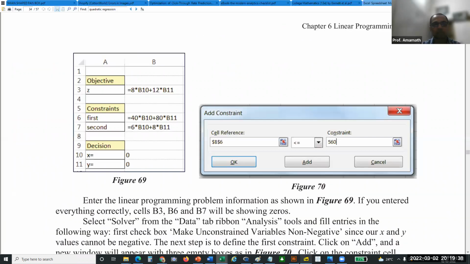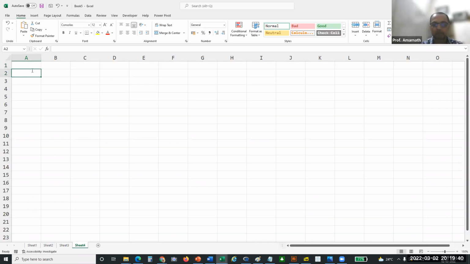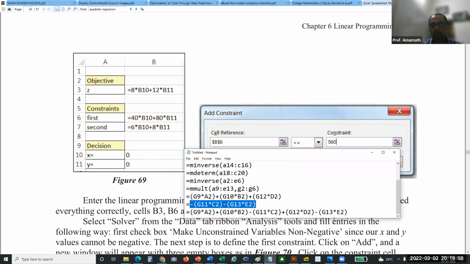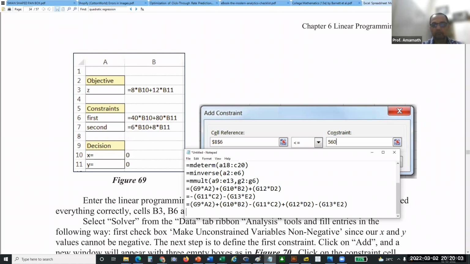So what cell he has put A2 is objective. So this is Z here. 8 multiplied by D10... should I put this?